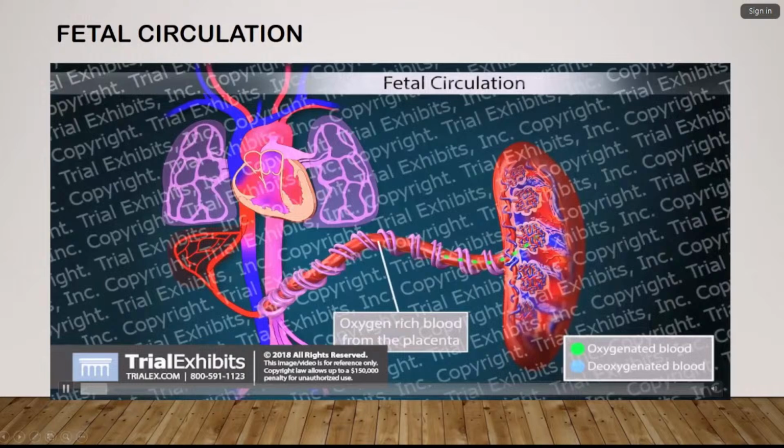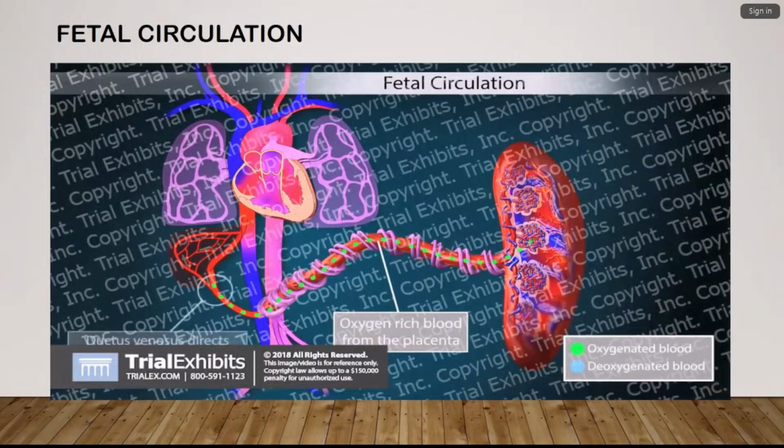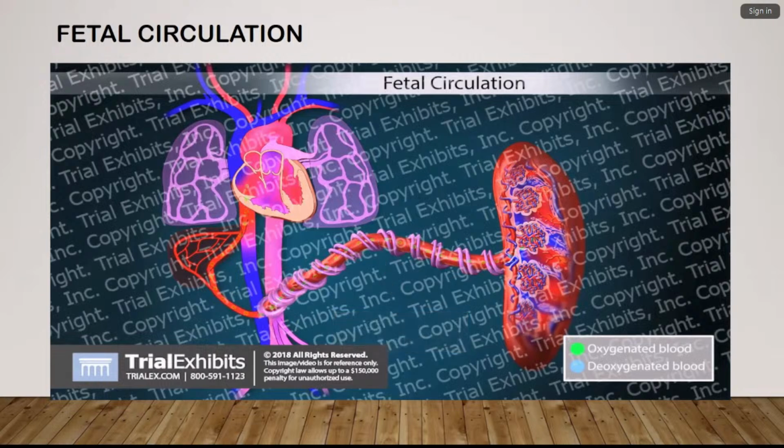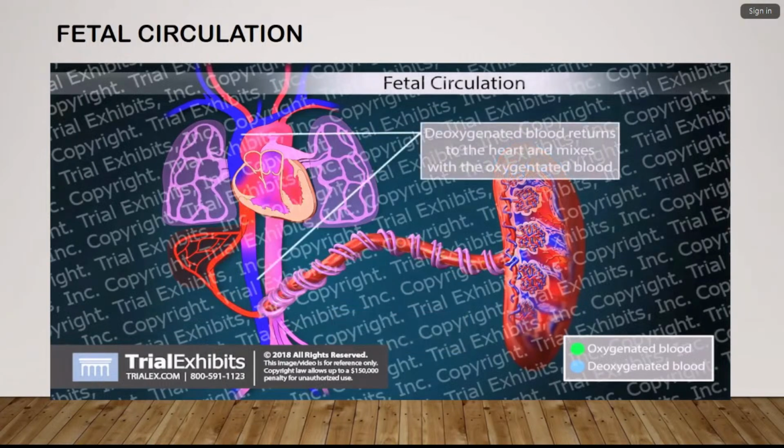The oxygen-rich blood from the placenta goes through the umbilical vein and reaches the IVC via the ductus venosus, and then reaches the right atrium.